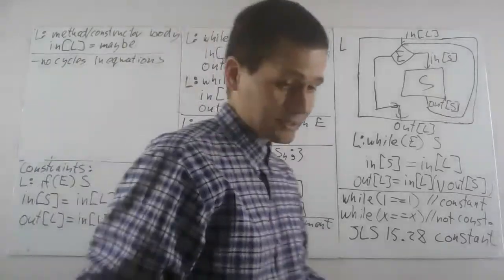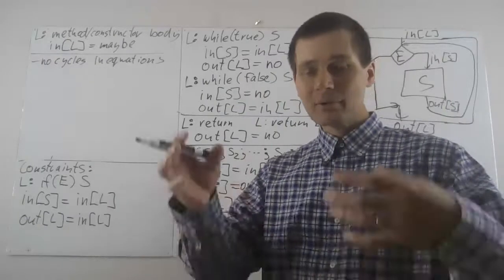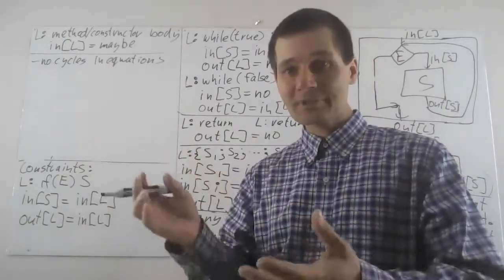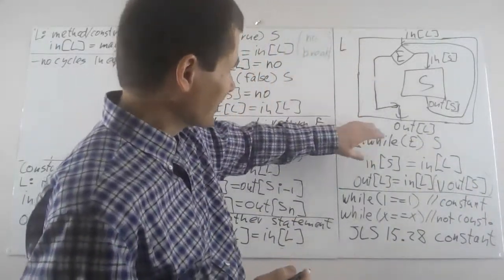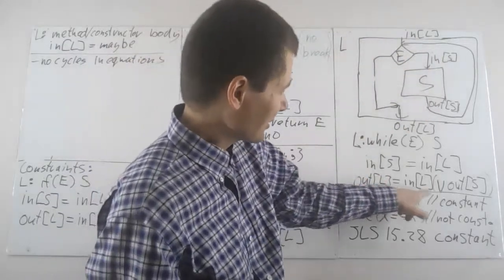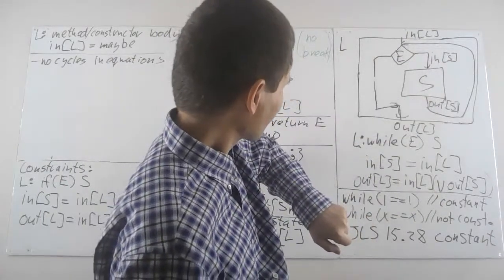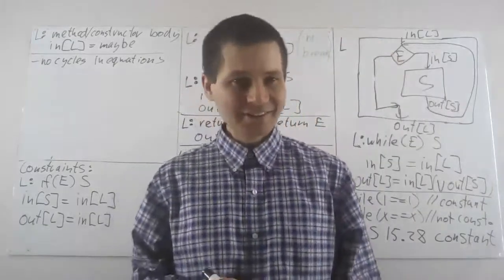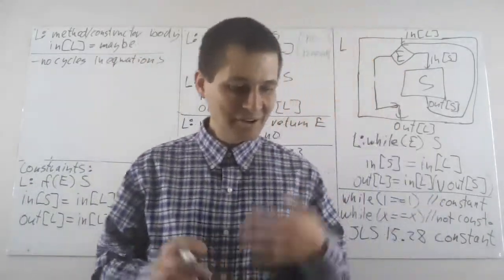Okay, so in general, in static analyses, you almost always have some equations that recursively depend on themselves, right? I suppose with the while loop, you could have in of L depend on out of S. But as I said, for these particular equations, you don't have any cycles.